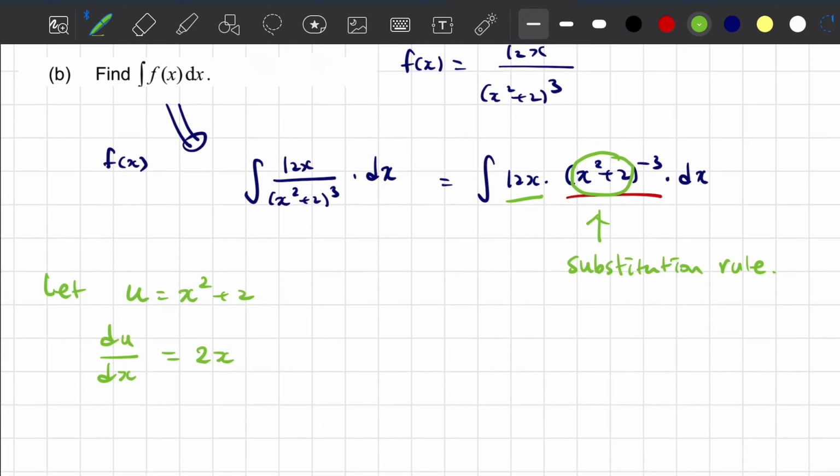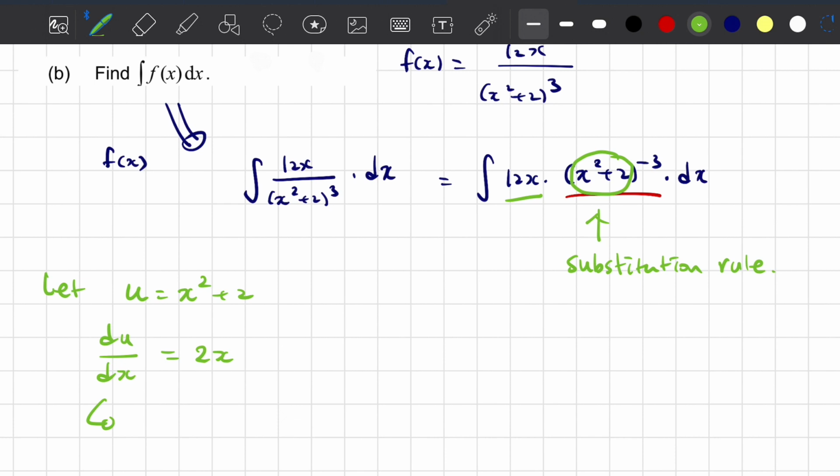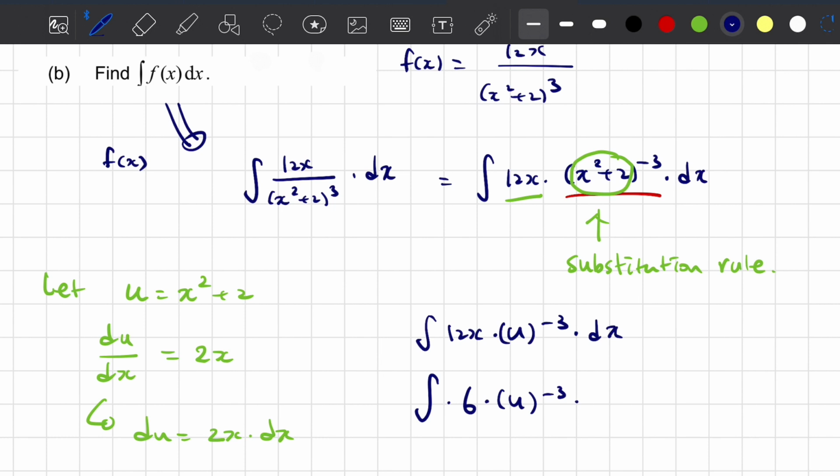Then we can rearrange this as du equals 2x times dx. Then we can say the integral of 12x times u to the power of negative 3 times dx, right? Then this is the same as the integral of 6 times u to the power of negative 3 times 2x times dx.